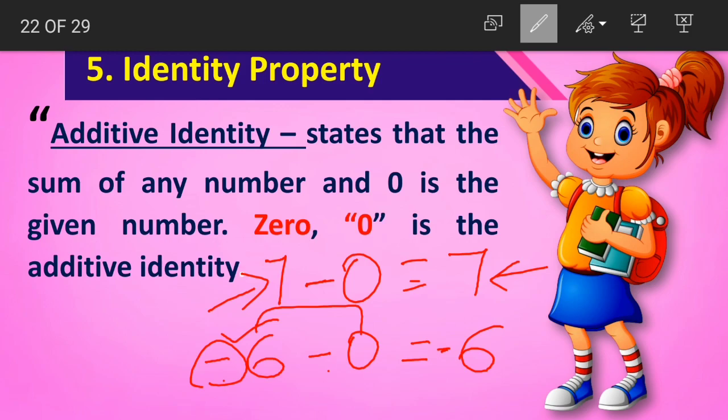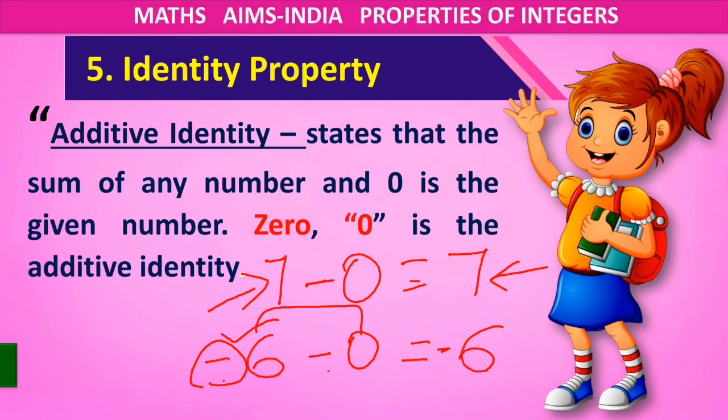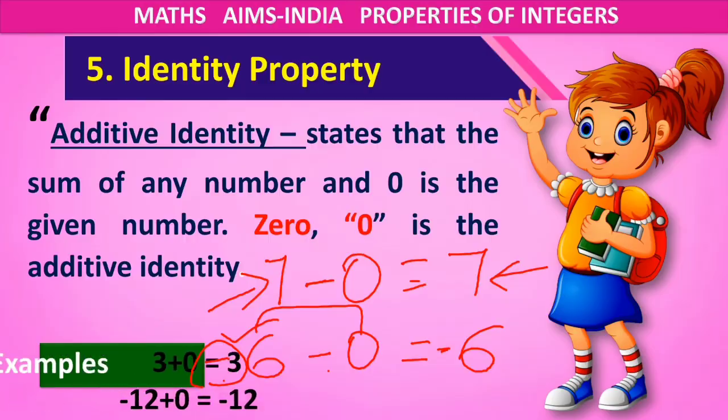So even when we add or remove 0 from a given number, the identity of the number is not changed. So 0 is called as the additive identity and the subtraction identity is also 0. Okay? When we add 0 or remove 0 from a given number, we get the same number only.